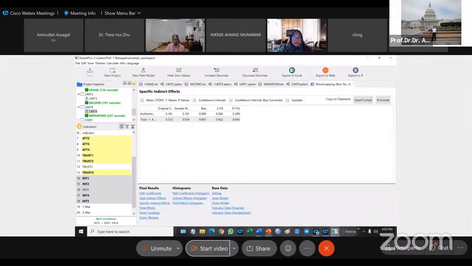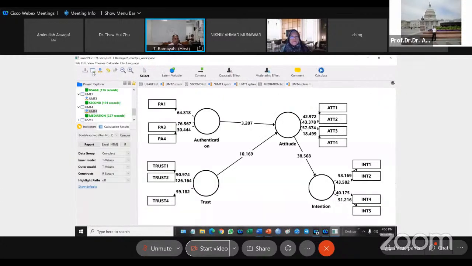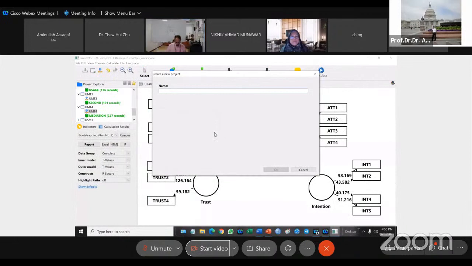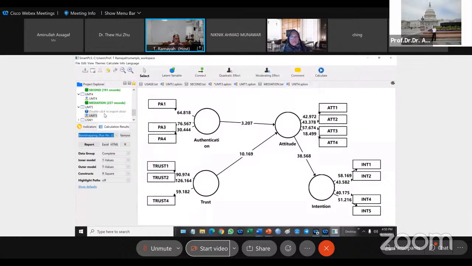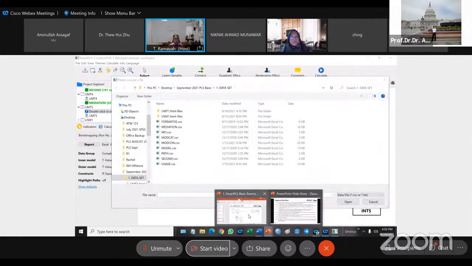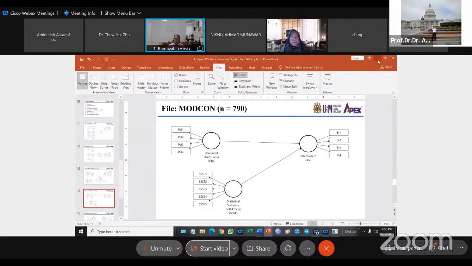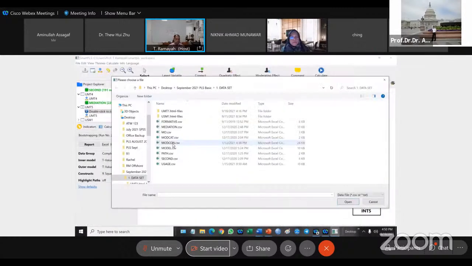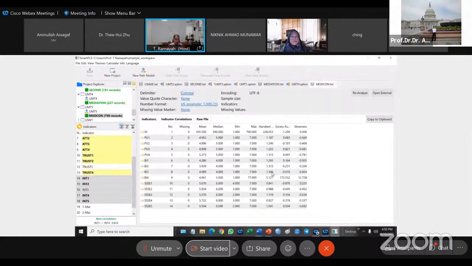Click the new project, UMT5. And the data file is modcon, moderator continuous. So we will attach this file called moderator continuous, modcon. Okay, so we will get this drawing.